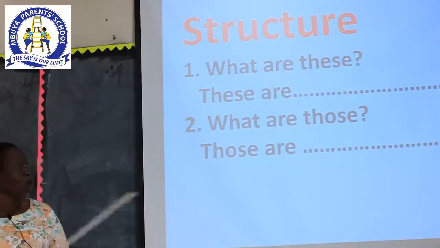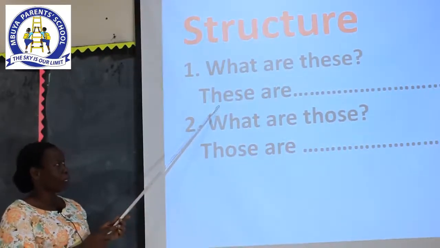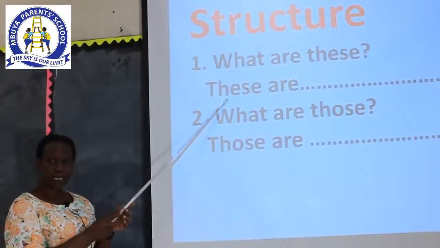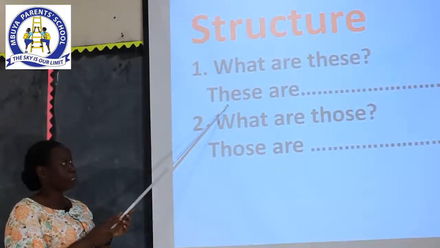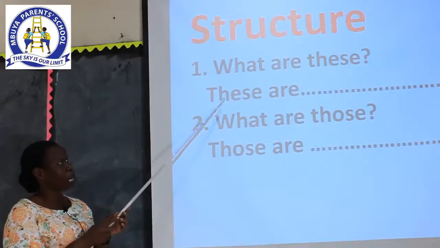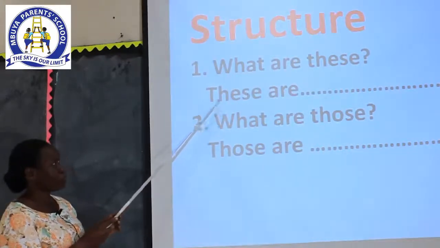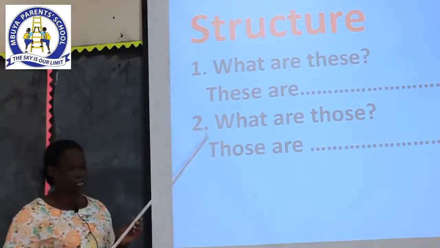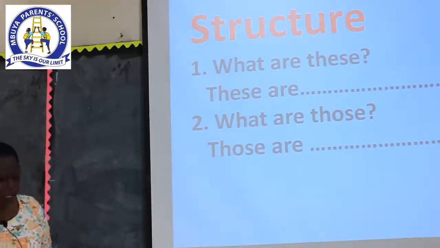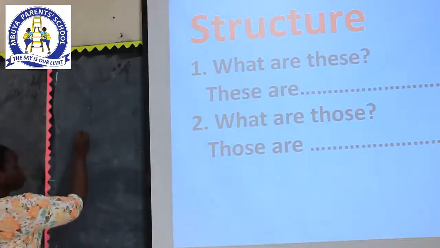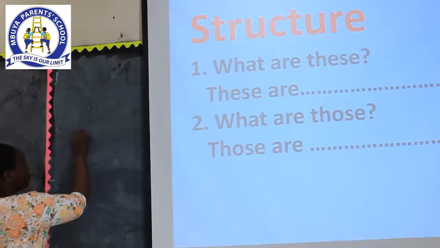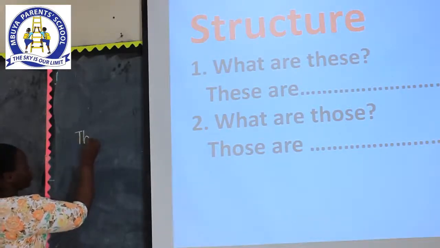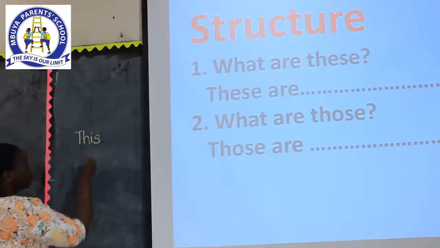When you see the word these in a sentence, just know that it's talking about a plural object or plural items, because the word this is the singular form of the word these.